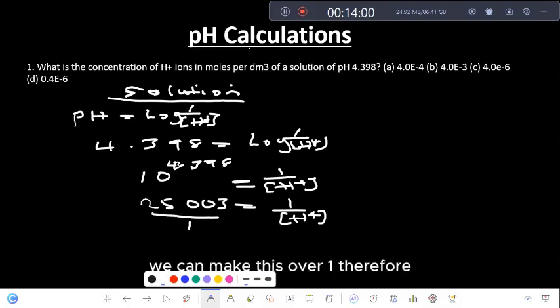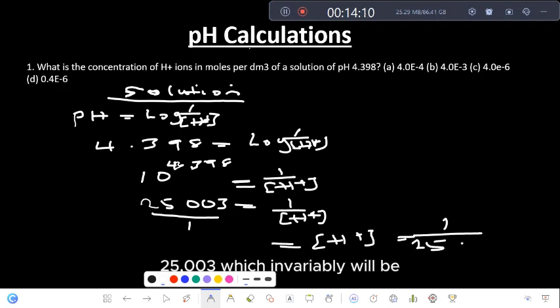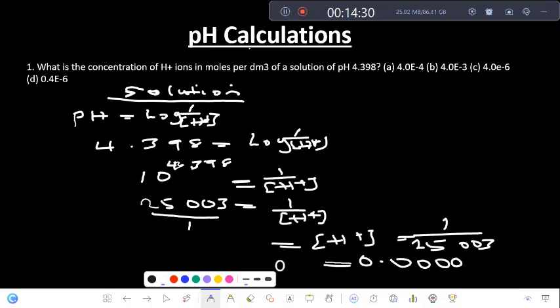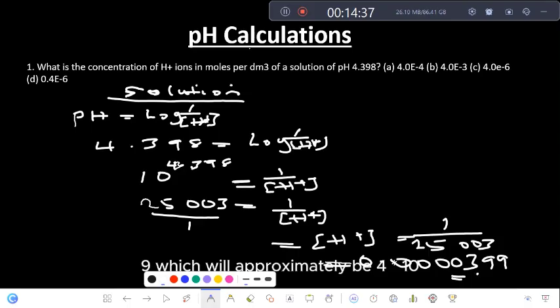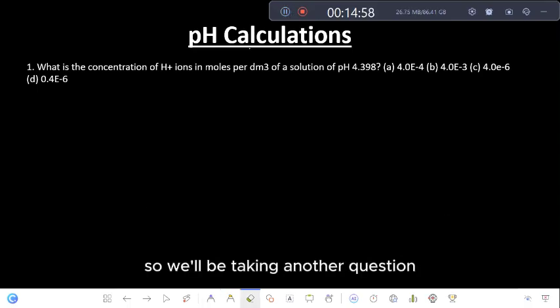Therefore, our hydrogen ion concentration will be equal to 1 all over 25,003, which invariably will be 0.000399, which will approximately be 4 times 10 exponential negative 5. So we'll be taking another question.